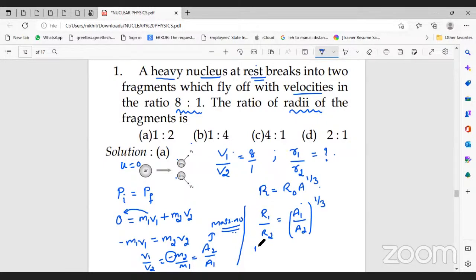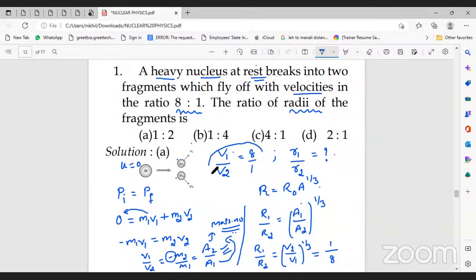Clear? So R1 by R2 is equal to A1 by A2 whole power 1 by 3. V1 by V2 is A2 by A1, so A1 by A2 is V2 by V1. Whole power 1 by 3. V2 value is 1 and V1 value is 8.